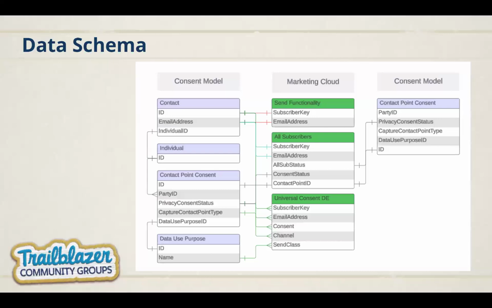If those are not in alignment, we're going to want to update all subscribers. This gives you a little bit of an overview of the data model. If you're just dealing with contacts, this would simply be your contacts or leads, just a single object here, but we wanted to also cover how you can use the consent model because that's the preferred path moving forward.